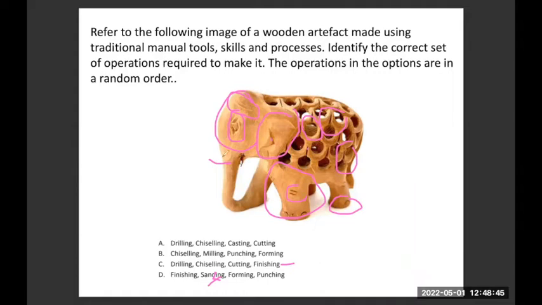This U that you are seeing, that's a chisel mark. And because in the last option, forming and punching are metal processes, you can naturally negate that also, but many a times people do forget it.